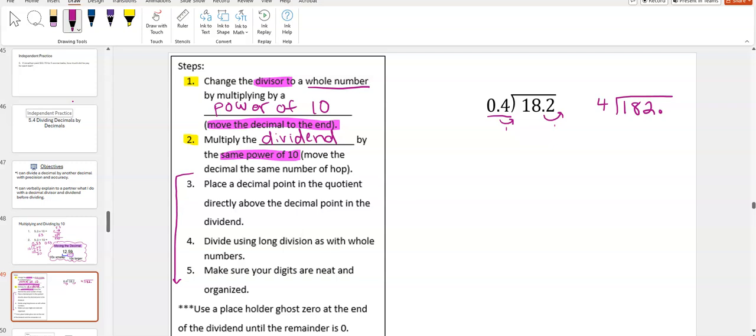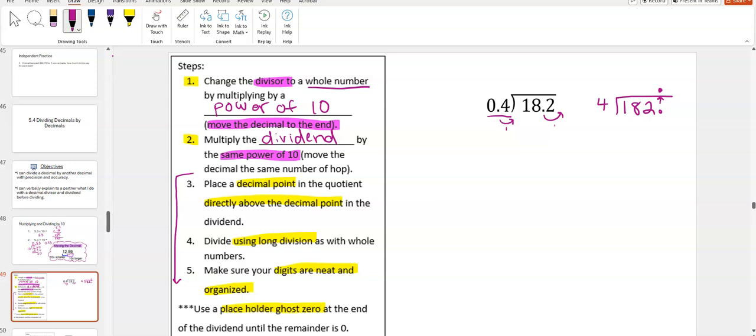So we're now going to place the decimal point directly above where it is in the dividend. So this goes straight up. Then we're going to use long division to divide just like whole numbers. Make sure that your digits are neat and organized, and don't forget to use placeholder ghost zeros until your remainder is 0.